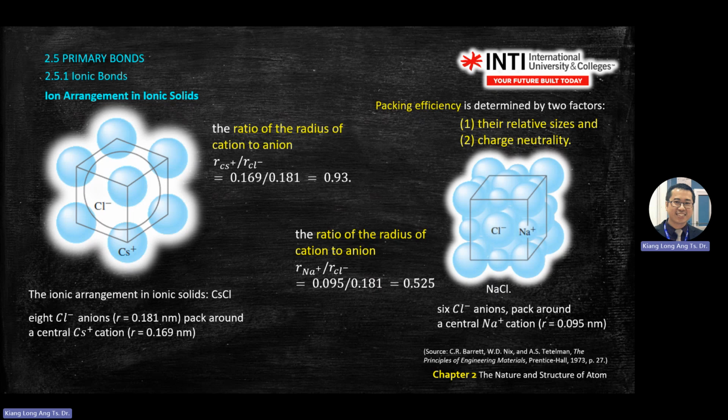Right. So first formula for this morning, we take positive charge radius divided by negative charge radius, you get the ratio. You take the radius.